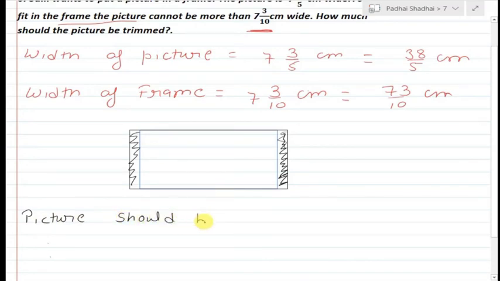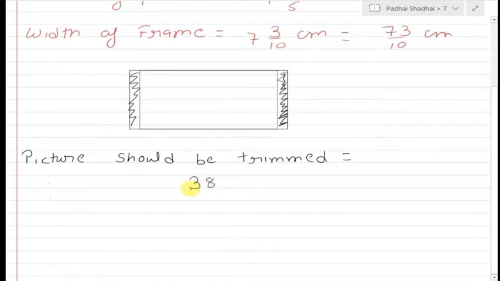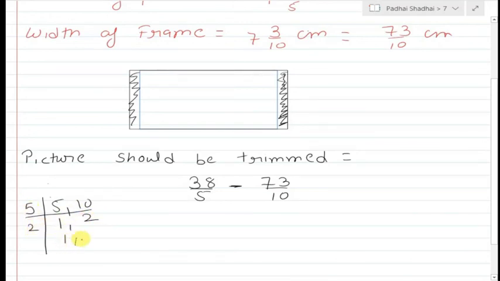The picture should be trimmed by 38 by 5 minus 73 by 10, that is width of the picture minus width of the frame, taking the LCM of the bases 5 and 10. The LCM will be 10.